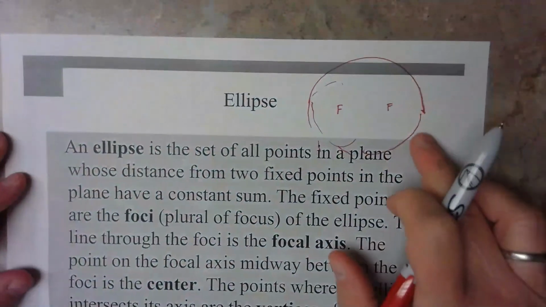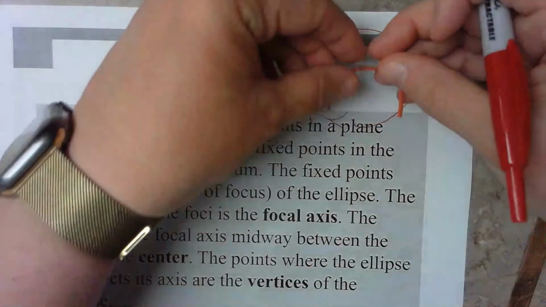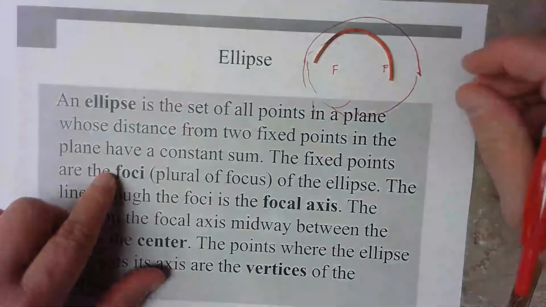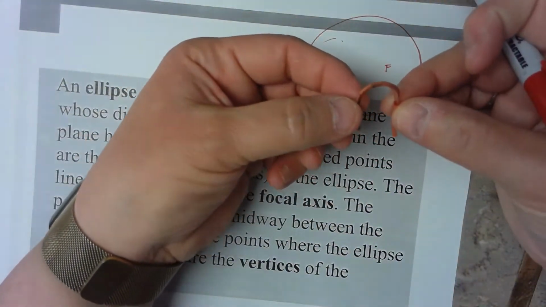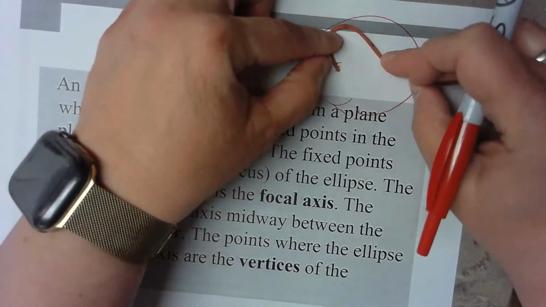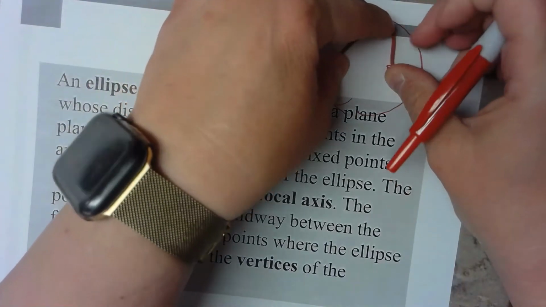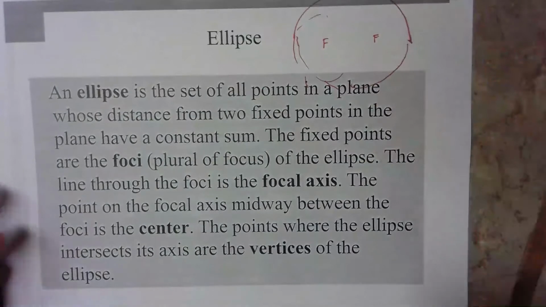But you kind of get the idea that that's an oval, because of the sum of the distances from 2 fixed points. This piece of rubber band is only so long. So if I pulled it this way, I'm still adding my 2 pieces, and for any point on here, I'm just adding my 2 pieces. So that's how we come up with an ellipse.